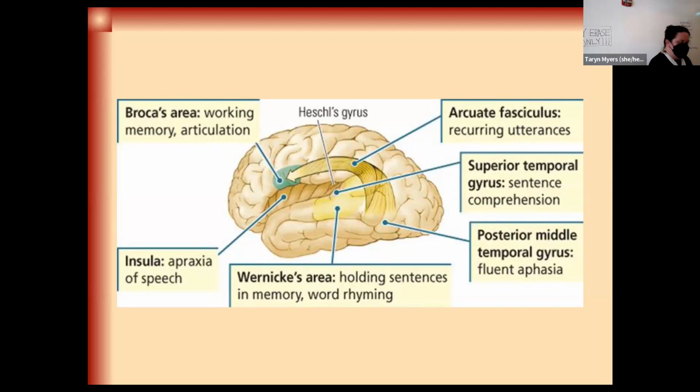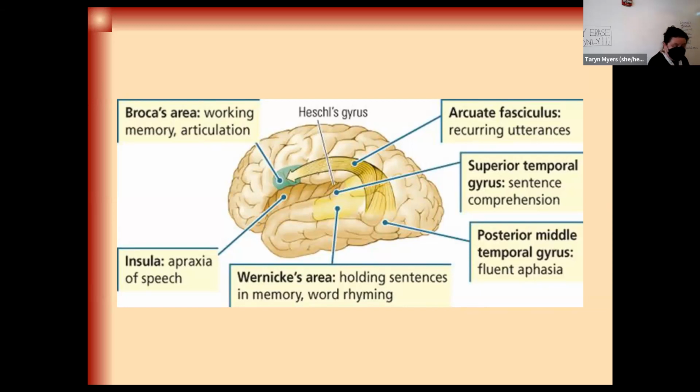Their speech tends to be halting and non-fluid. So in some ways it can look like Broca's aphasia. But if you say a sentence to them, they have unimpaired, fluent repetition of an entire sentence.